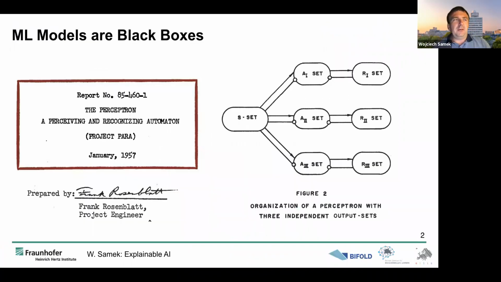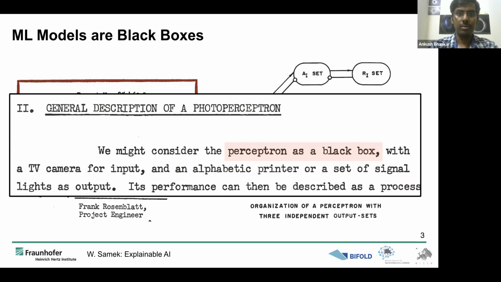Since the beginning of machine learning, people regarded neural networks or machine learning models in general as black boxes. There is this famous work on the perceptron from Frank Rosenblatt, and he already referred to the perceptron as a black box, getting some input, doing something and giving some output.